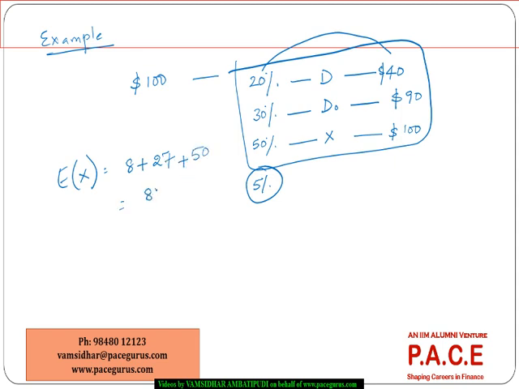So it is 85. My expected value at the end of the year is going to be 85, which means the present value of the bond is 85 discounted at 5% with T equal to 1. 85 divided by e to the power of 0.05 will give me the worth of my bond.